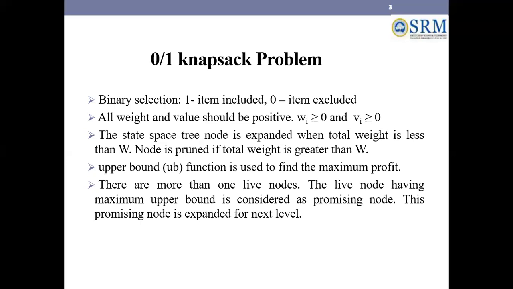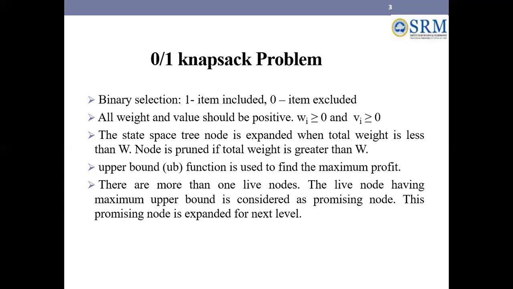There is more than one live node. The live node having the maximum upper bound is considered a promising node. That is, the node with the maximum upper bound value will lead to a global optimal solution. That is called a promising node. Other nodes are called not promising, as they will not lead to an optimal solution at the next level.